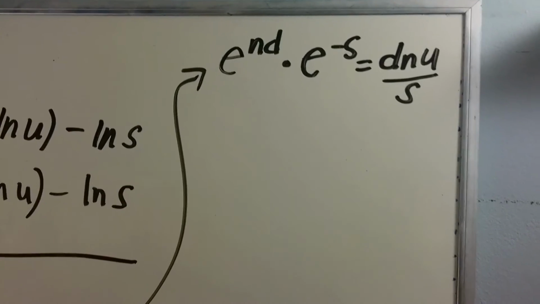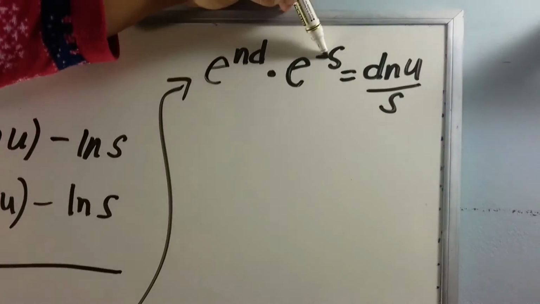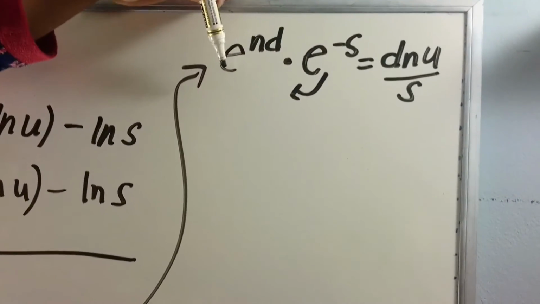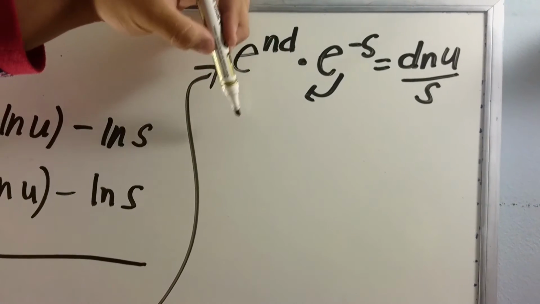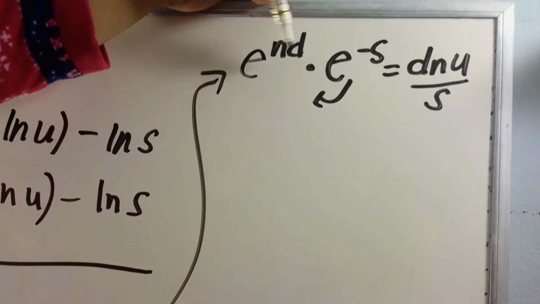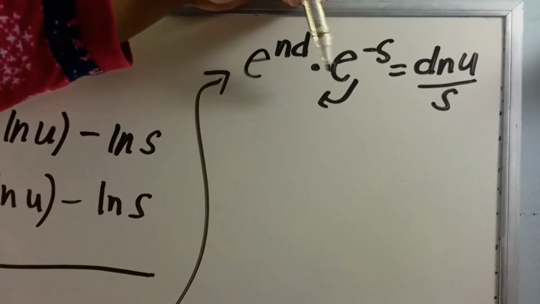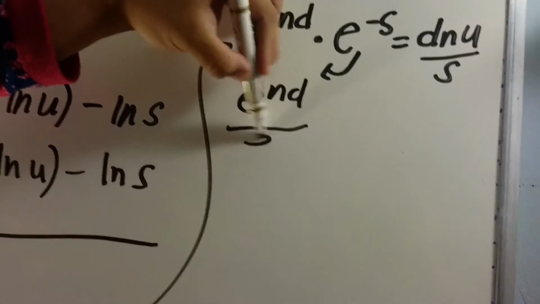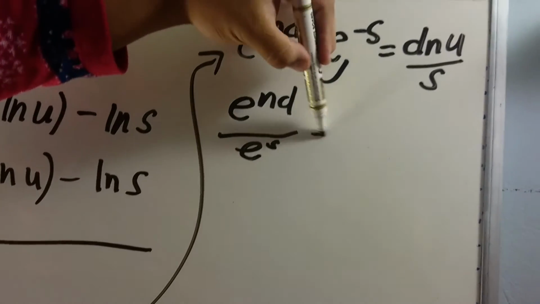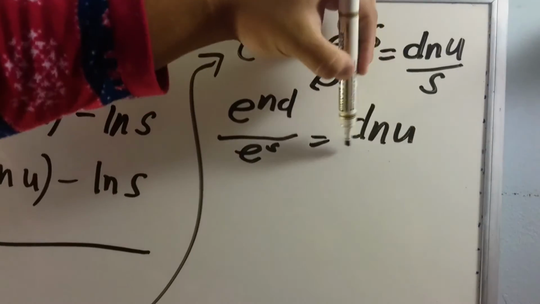Okay, so now what we can do is move this negative s to the bottom, so it can be a positive s. So this one will be e to the nd times 1 over e to the s, which is e to the nd over e to the s power equals d and u over s.